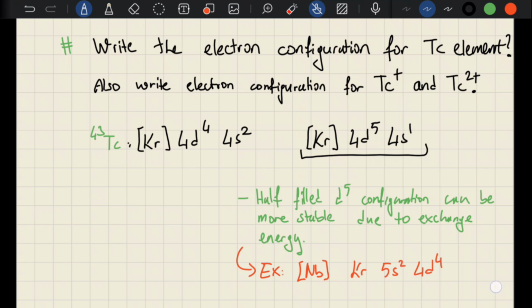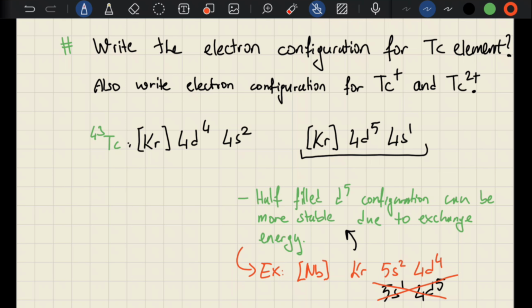If you consider this rule, according to this rule, the correct configuration should be 5s1 and 4d5. Unfortunately, this is not correct. This is a big issue for us. If you follow it more, you will understand. So there is an exception. Niobium is an exception for this rule.